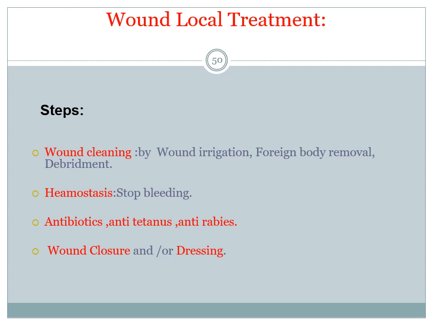Local wound treatment. First, wound cleaning by wound irrigation with normal saline. Then remove any foreign body and debridement of any necrotic tissue. Then ensure hemostasis by stopping any bleeding: apply continuous pressure for a quarter of an hour to half an hour on the area until any bleeding in the wound stops.